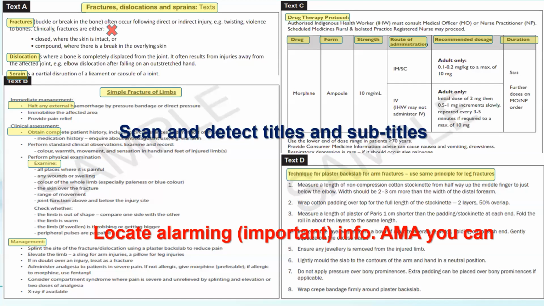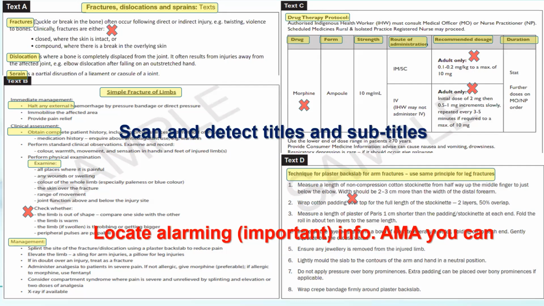For reading part A, at the start you have to locate and detect titles and subtitles in each text. Then locate the alarming information as much as you can. So as you see here, we have the main title, fractures, dislocations, and sprains.